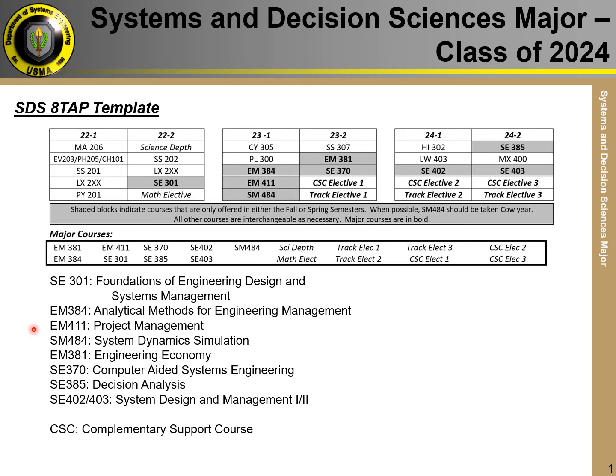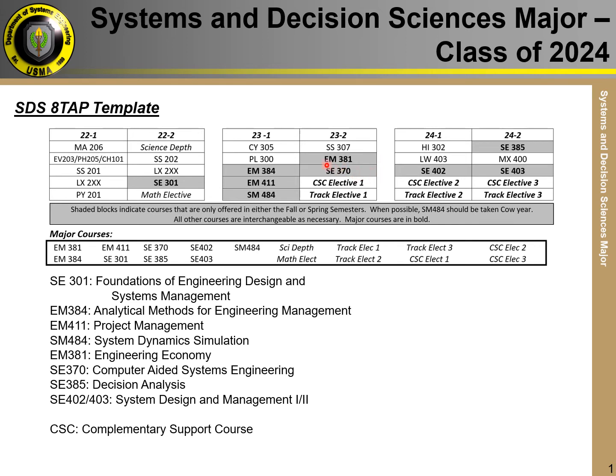Second semester cow year, you take EM 381, which is engineering economy, and SC 370, which is computer aided systems engineering, both of which again give you skills that you can use right away, but more importantly, continue to develop your skills as a system and decision scientist.